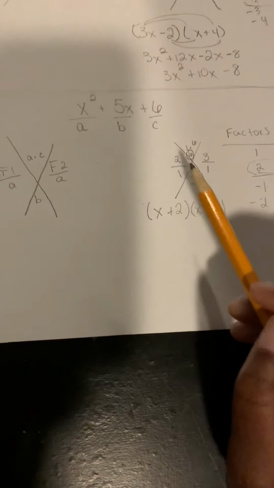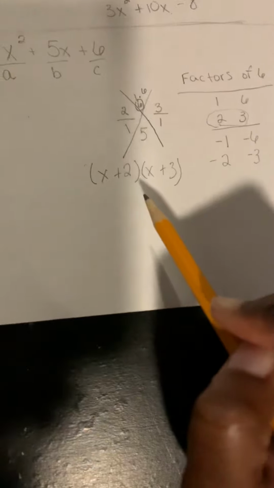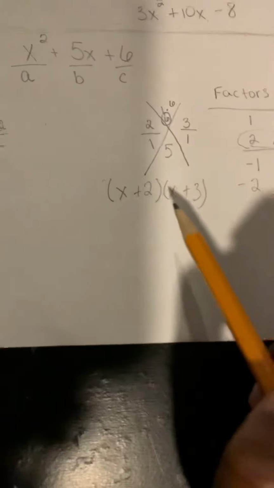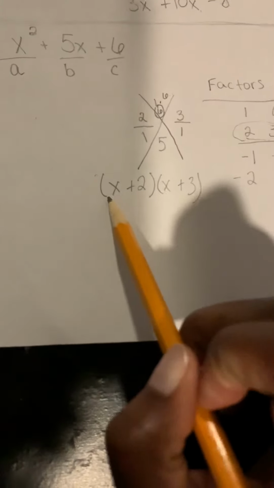If you're actually solving, remember to find the values of x when each binomial equals 0. If I told you to solve this quadratic equation, that means you have to factor it first and then figure out what x is when each binomial is equal to 0.